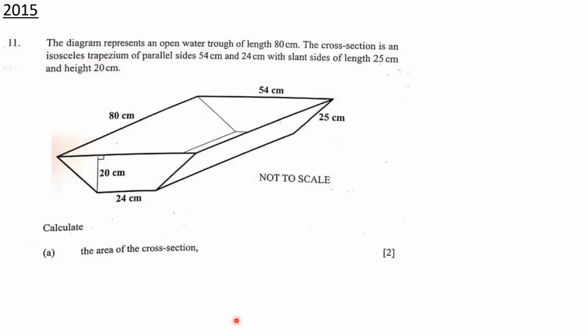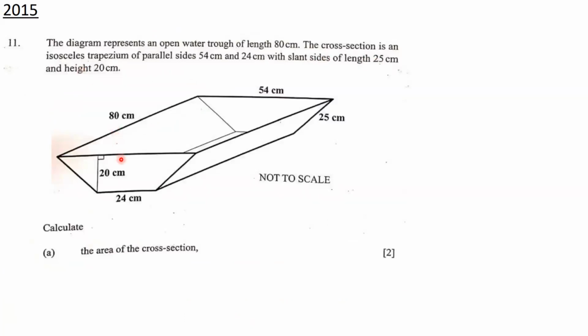Okay, let's move on to this next question. For this next question, we want to figure out the area of the cross section. Here we have an isosceles trapezium. They said that the cross section is an isosceles trapezium with parallel sides 54 centimeters and 24 centimeters, with slant sides of length 25 and height 20 centimeters.